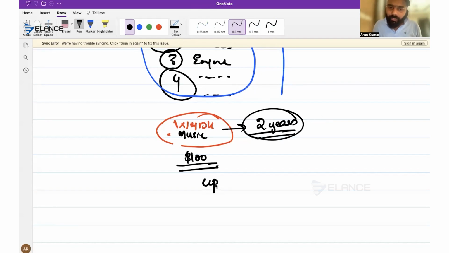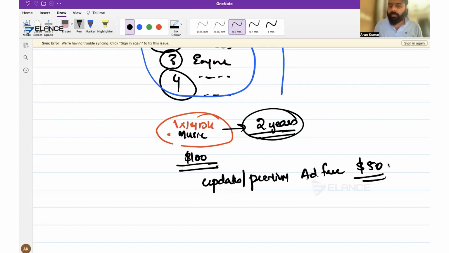But we know that there are some regular updates, or if you want to be a premium ad-free customer, you have to pay $50 extra. So in that scenario, are there two separate performance obligations or is it a single performance obligation?